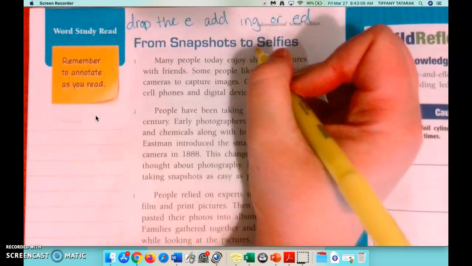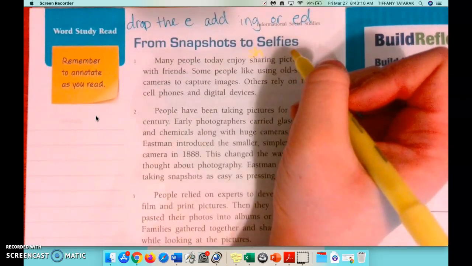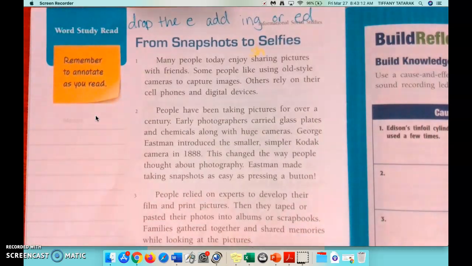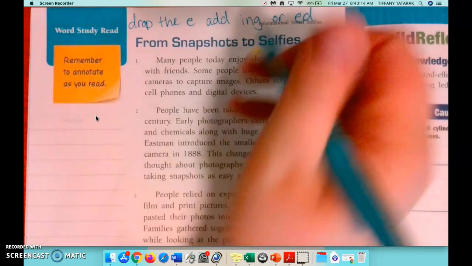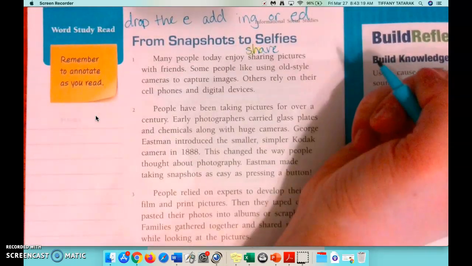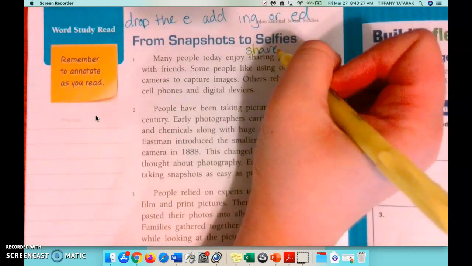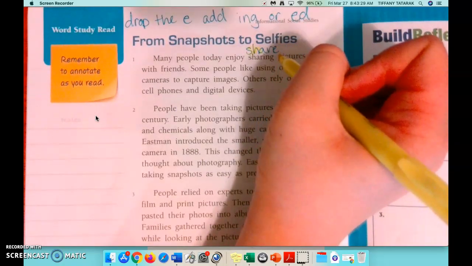For writing share, I would write S-H. I'm going to switch. Sorry, there's a little bit of a delay with my camera. So we have S-H-A-R-E, which is how we would spell share. If I'm looking between the word share and sharing, they had to drop that E at the end and they added the ing.